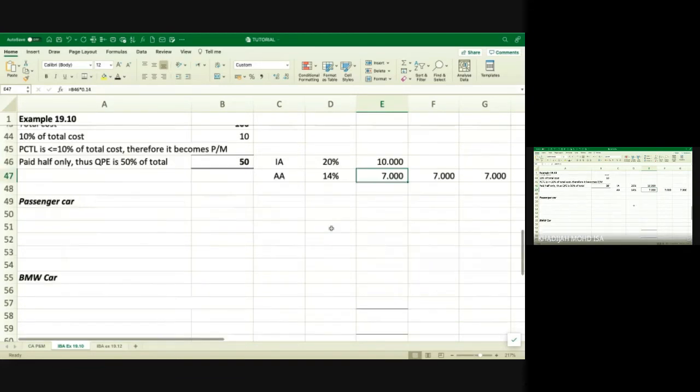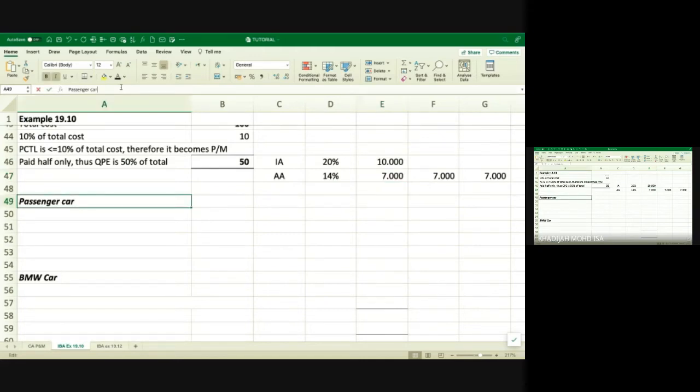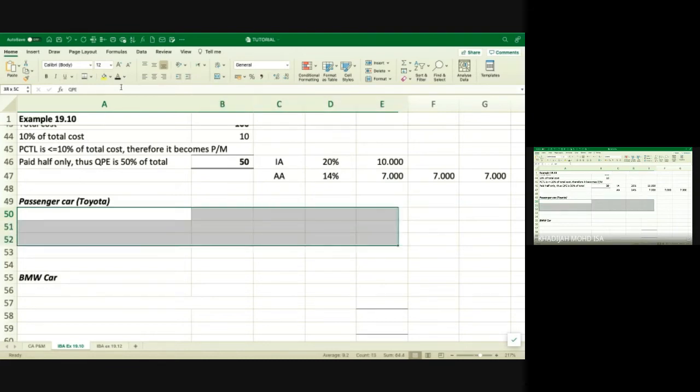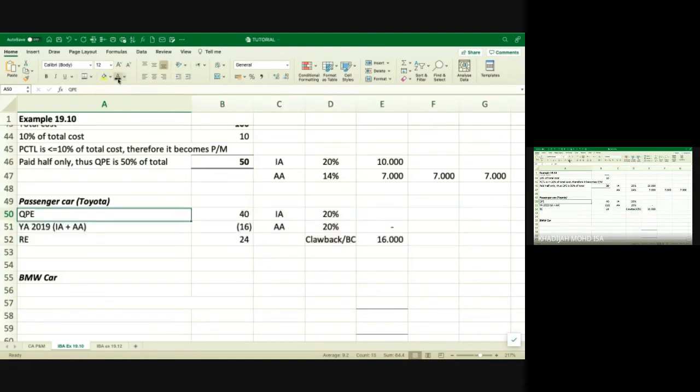Okay. So passenger car, in this case, this is the Toyota. Okay. So passenger car, how much was the cost? It was 40,000. Okay, QE is 40,000.